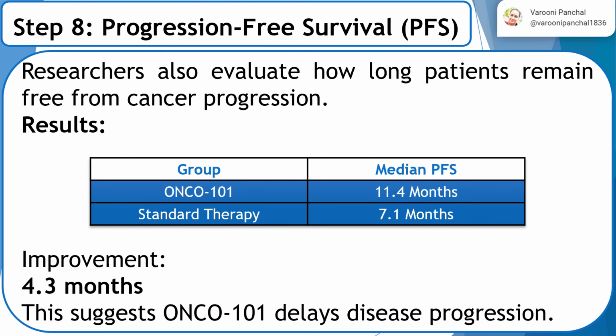Progression means the cancer has progressed, means the tumor of that specific cancer has increased, right? When you add the word free, that means the tumor in that cancer disease has not increased or has not progressed. That is why it is called progression free survival.